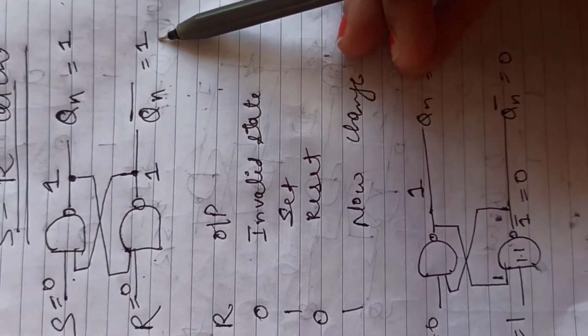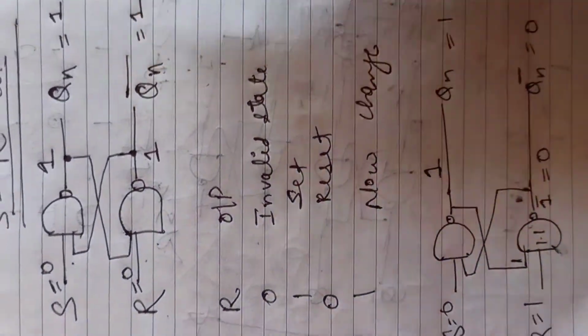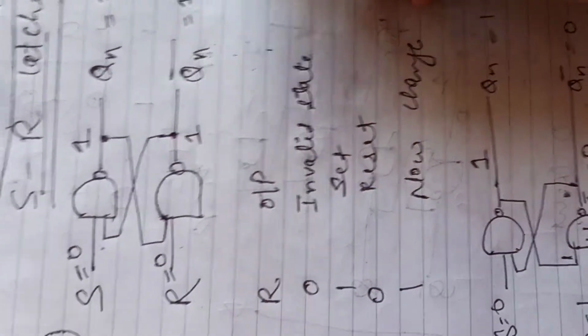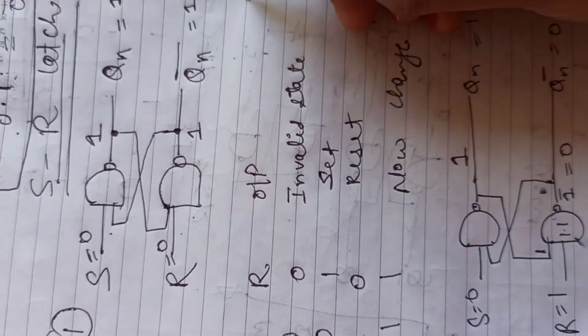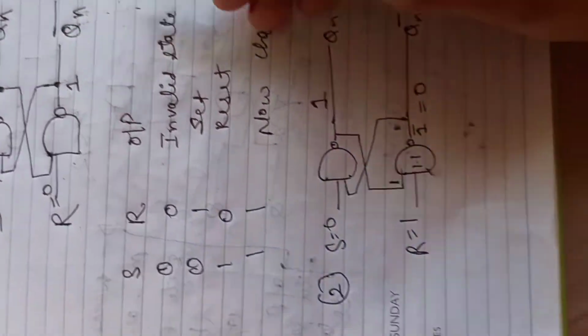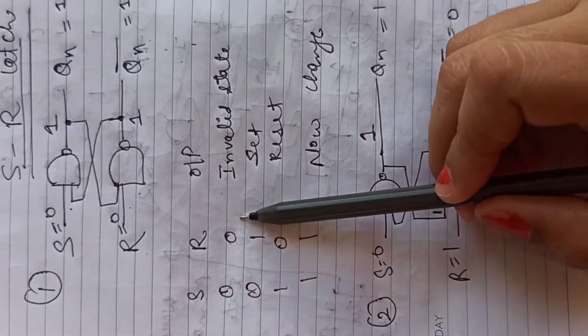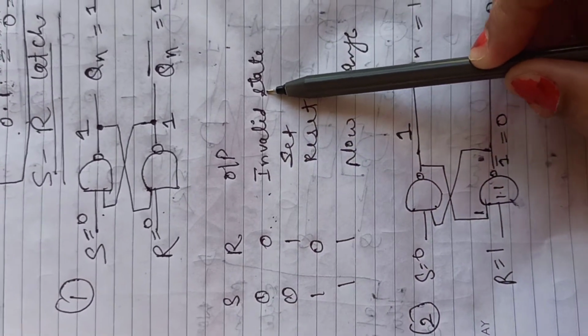But in this case, both the values are 1. Qn can't be equal to Qn bar because Qn bar is the complement of Qn. So when we give the 0, 0 input, the output is always an invalid state.